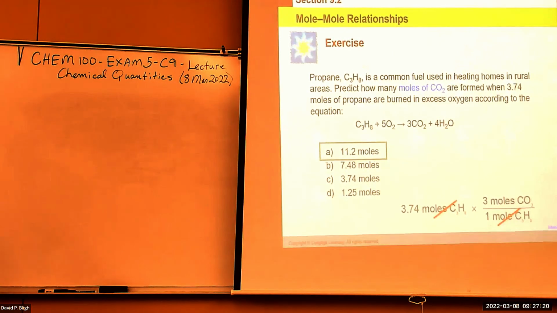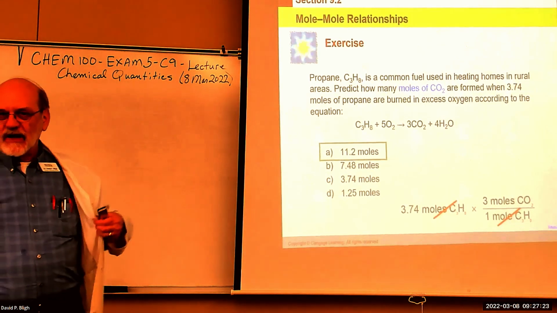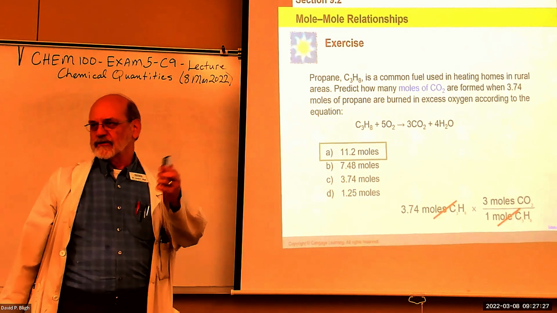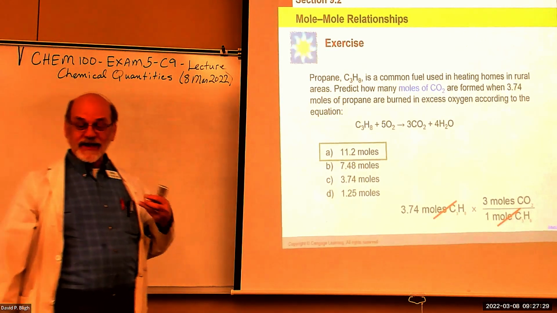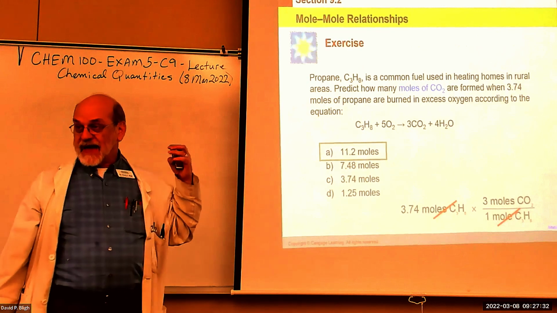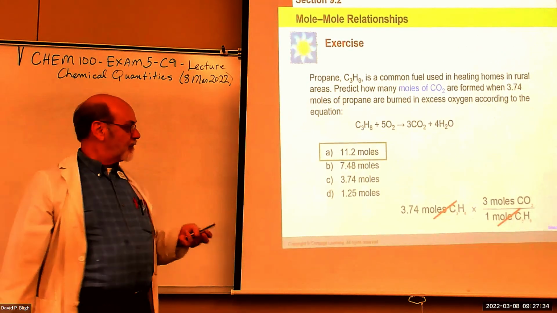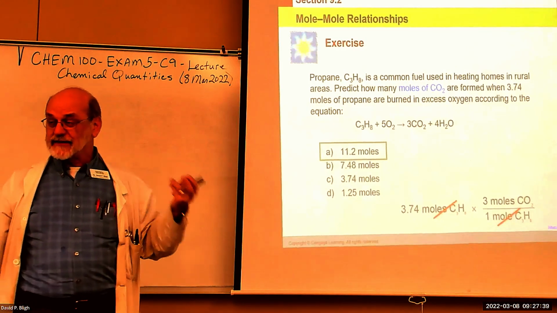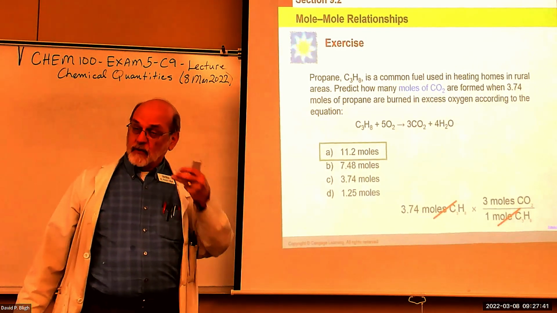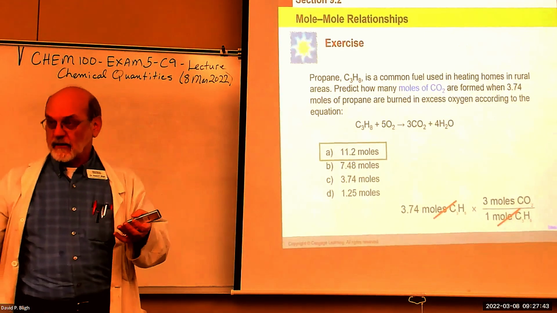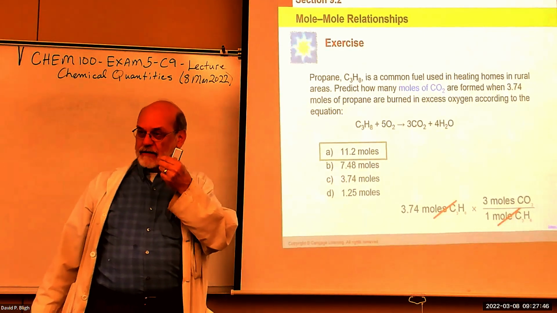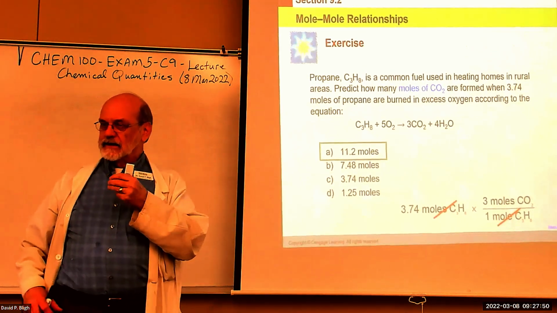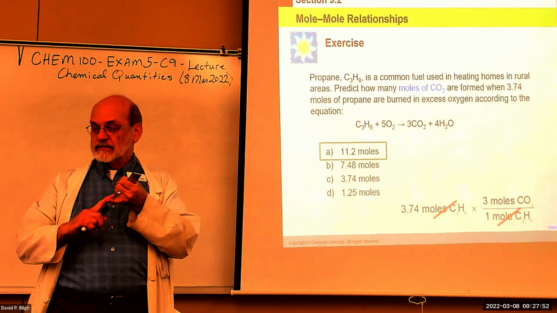Now, we still haven't gotten to a practical application yet, because who cares about moles? Only chemists care about moles. What we really care about is, what's the mass? How much mass is produced of carbon dioxide? And actually, since this is a gas, we'd be more interested in what's the volume produced. And for that, you need other factors that are not given you. You need to know the pressure.